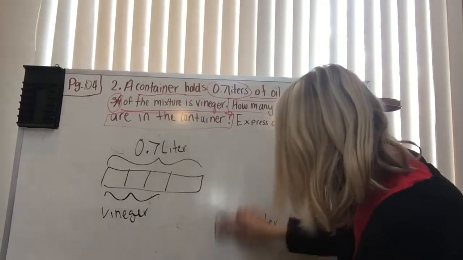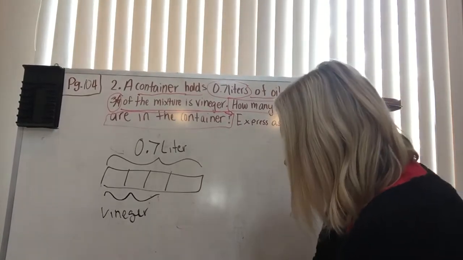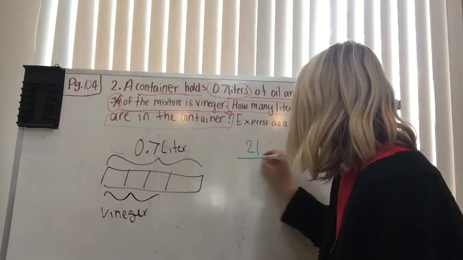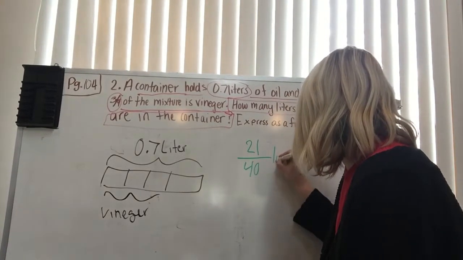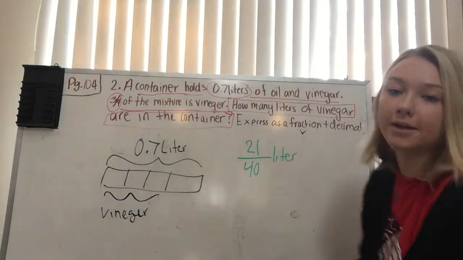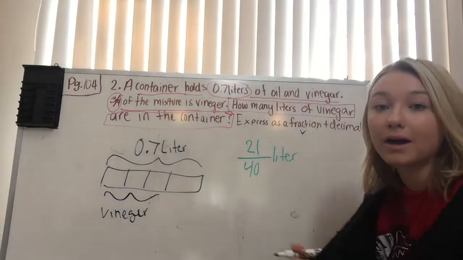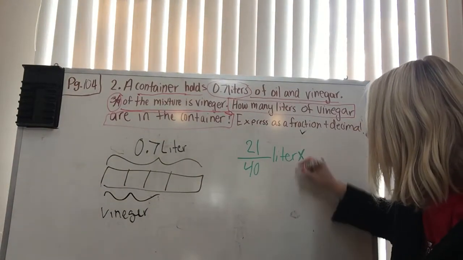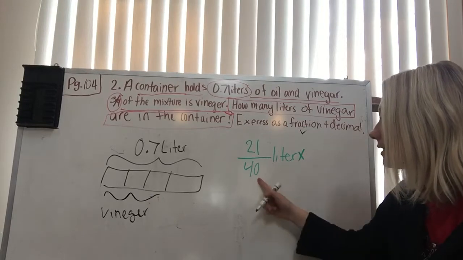Now we have to express that as a decimal. I'm going to change up my colors here. So how am I going to do that? Well, I'm going to multiply it by something, and I see this 40.